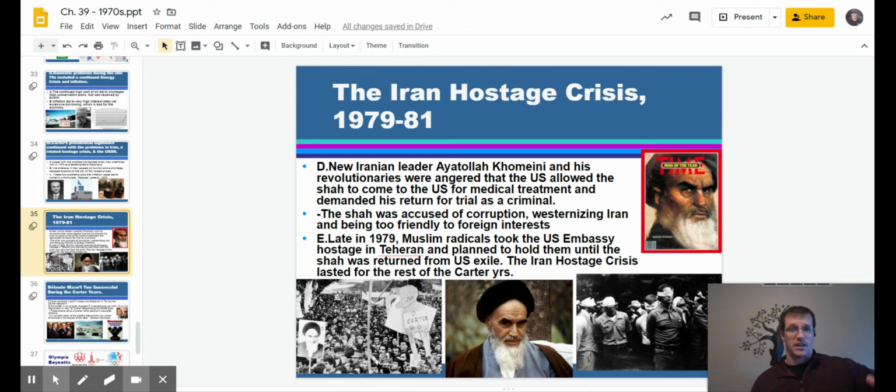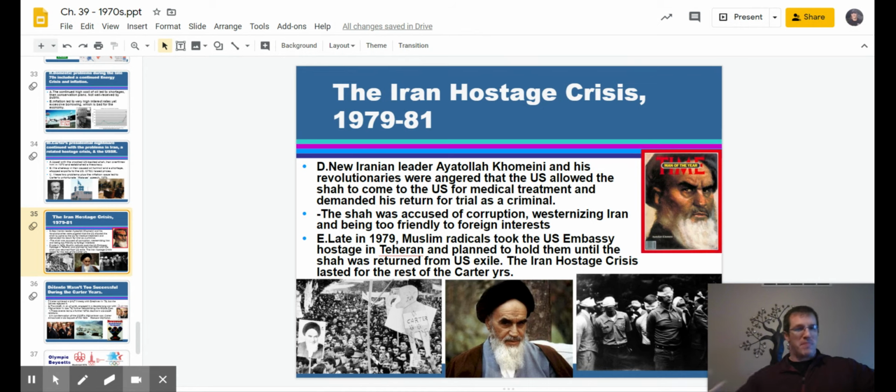They overtake a U.S. embassy in Tehran, and there's this prisoner exchange that's proposed, right? Where you have the Shah that the U.S. had backed, the leader that the U.S. had backed, that was accused of corruption while he was the leader of Iran.